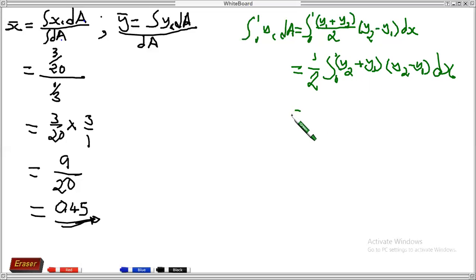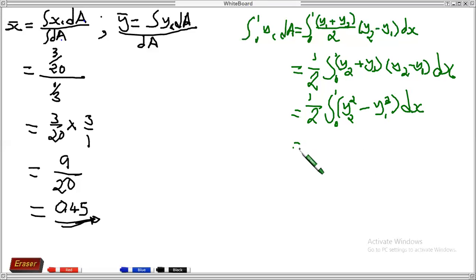You can summarize that as y2 squared minus y1 squared. How do we call this rule again? Is it the difference between two squares? Yes. You simply make use of that difference between two squares, because if you don't do it like that, it's going to complicate things. You'll have to do integration by parts and all, and it's going to be a long way.